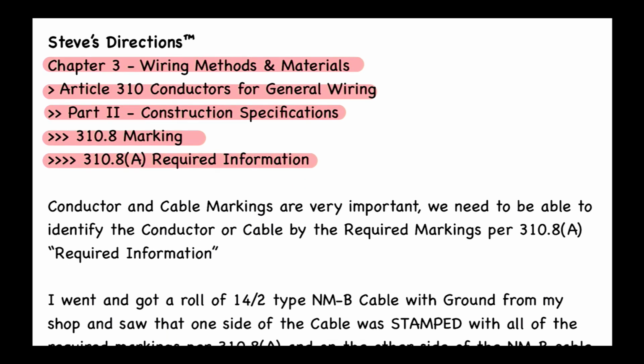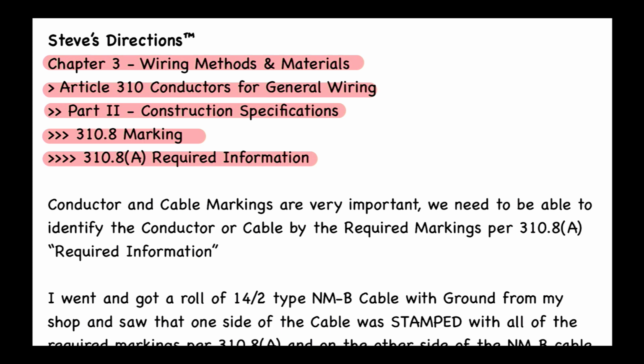And let's take a look at 310.8(A) together in our code book. And it says Required Information. All conductors and cables shall be marked to indicate the following information using the applicable method described in 310.8(B). So number 1 is the maximum rated voltage. 2, the proper type letter or letters for the type of wire or cable as specified elsewhere in this code.